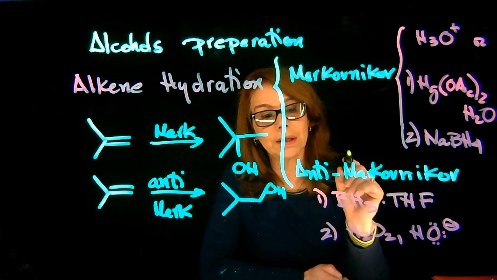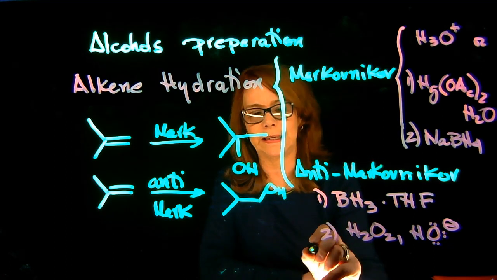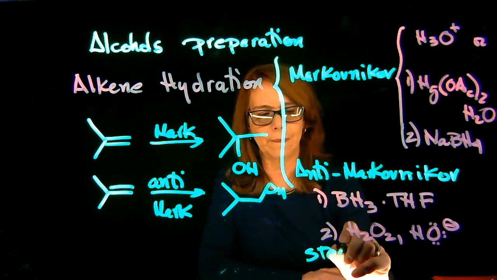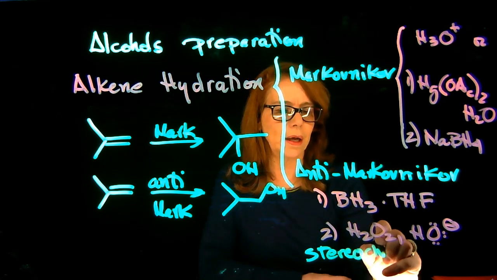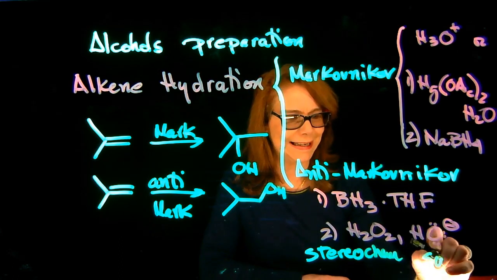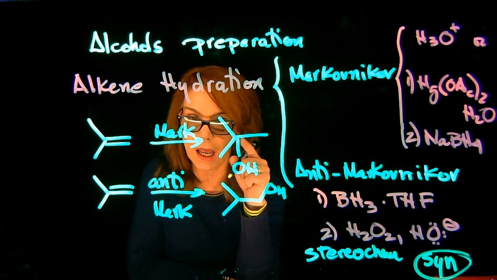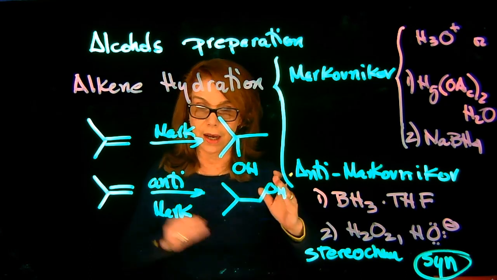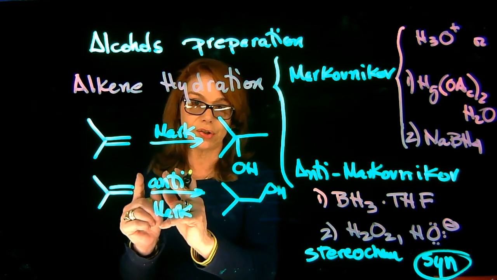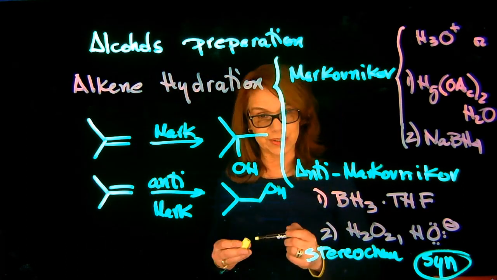What is critical here is that when you get your products, be careful to see the stereochemistry, because the addition happens in a syn fashion. That means that you're adding H and OH across the double bond, and they need to be pointing to the same side.